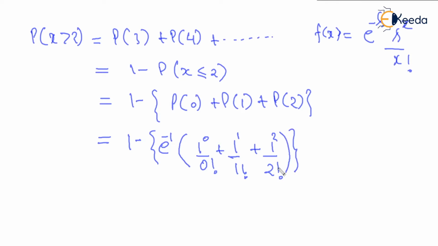This will be 1, this will be 1, this will be 1 by 2, so the sum is 2.5.